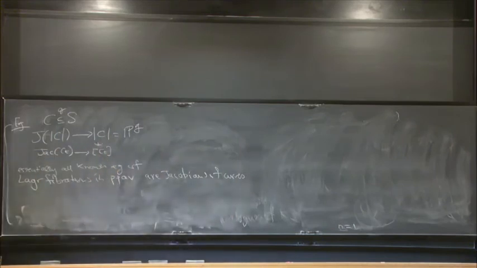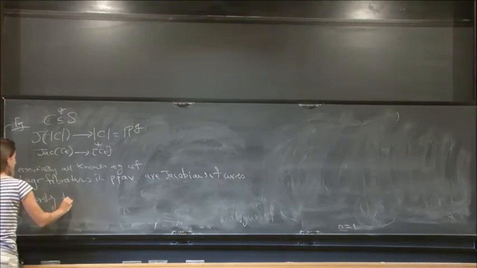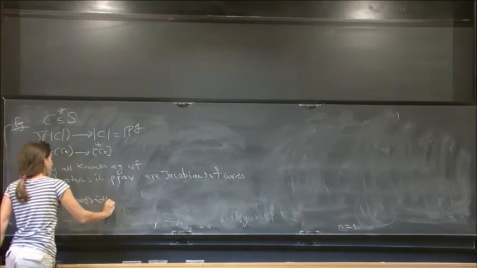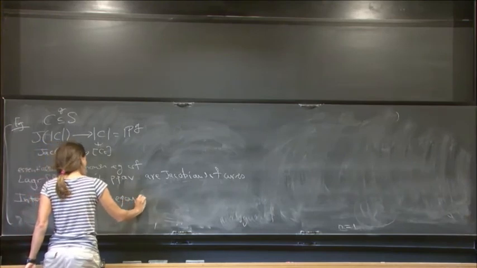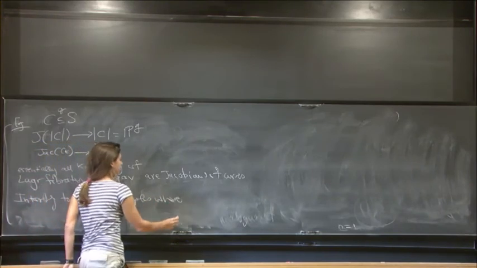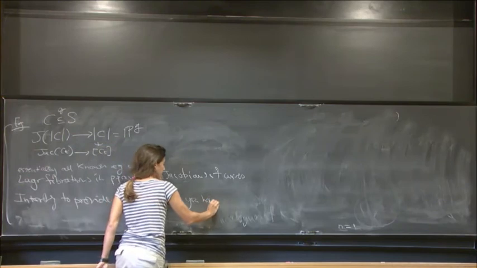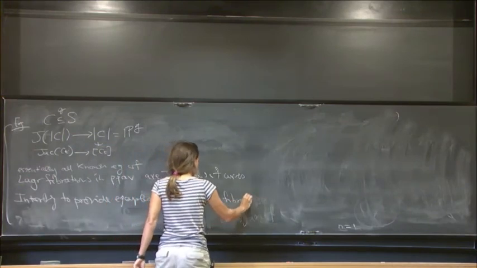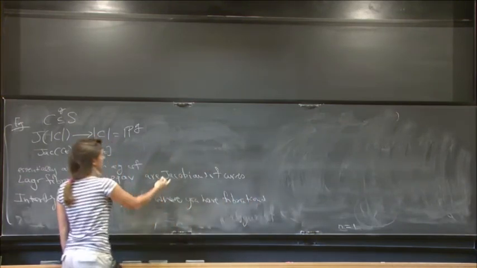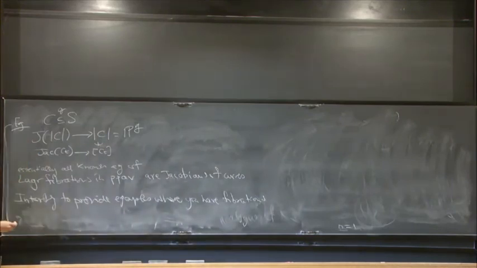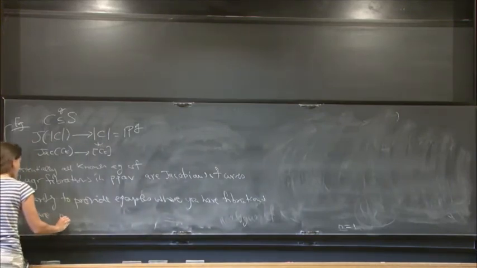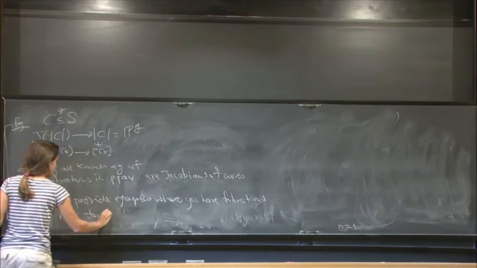And so it's interesting to provide examples where you have fibrations in principally polarized abelian varieties that are not Jacobians of curves.